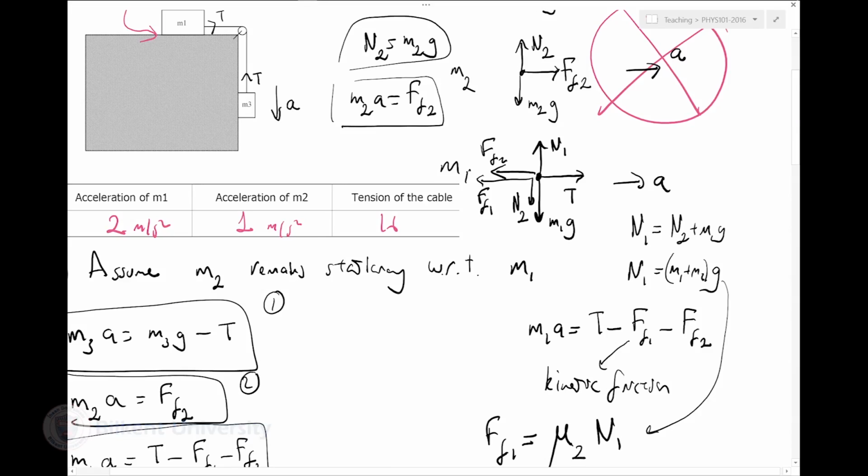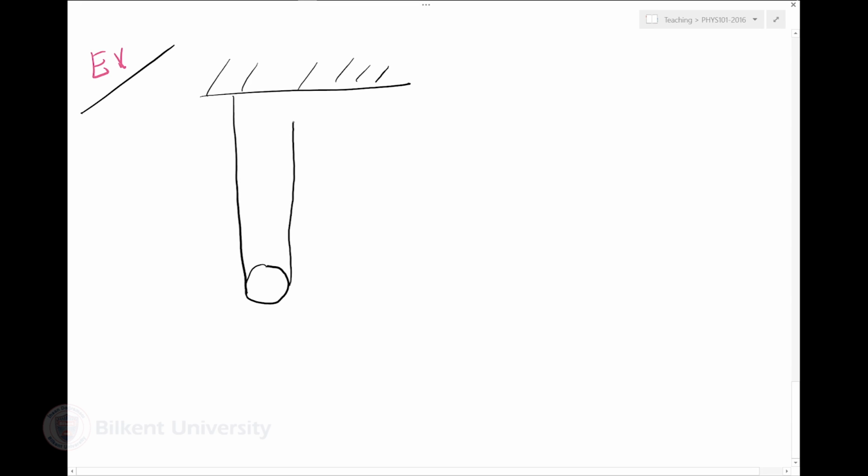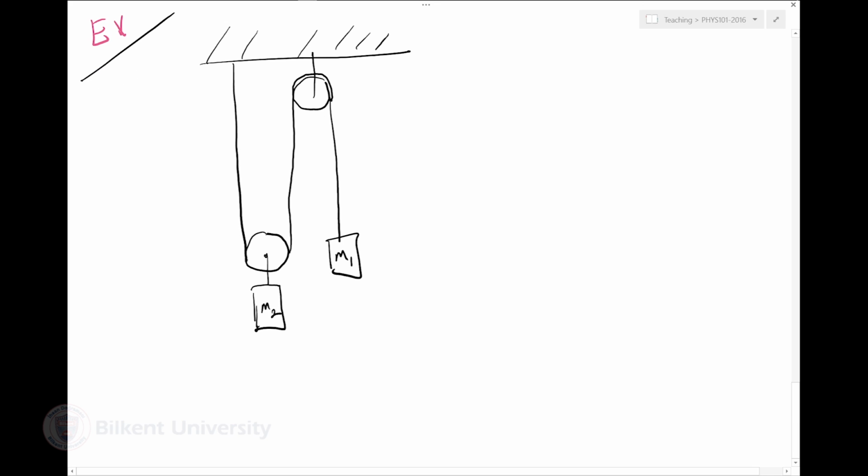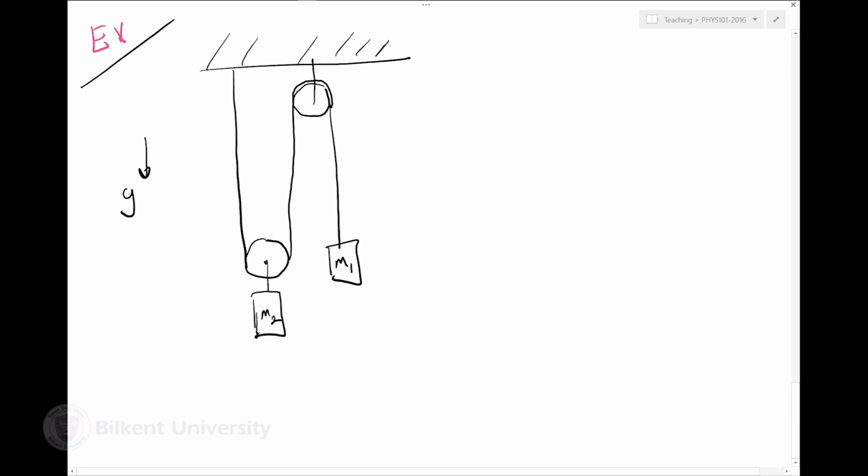Hopefully with a better color. Okay. So let's see.